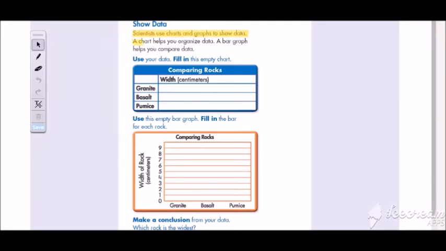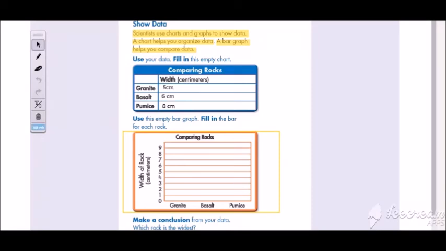A chart helps you to organize your data, so it is not a mess. A bar graph helps you to compare your data. This second one helps you to compare the data that you have.